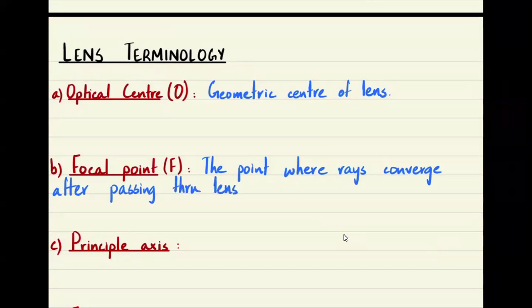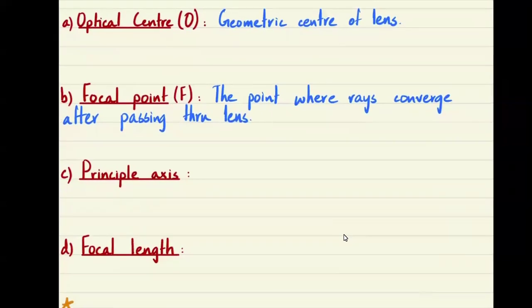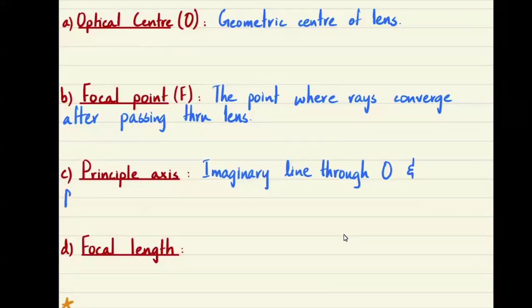The principal axis. So this is an imaginary line through O, the optical center, and perpendicular to the axis of the lens.